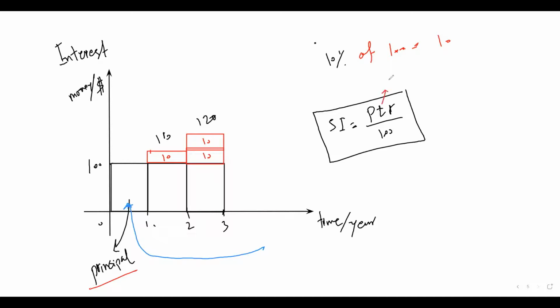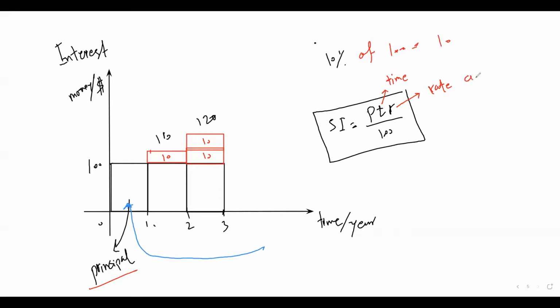T is the time. Since it's on a yearly basis, it is calculated annually, so we don't need to make any conversion if it is given in years. Unless it's given in months, then you have to do some conversion there. And then R represents the rate, which is usually also counted on a yearly basis.